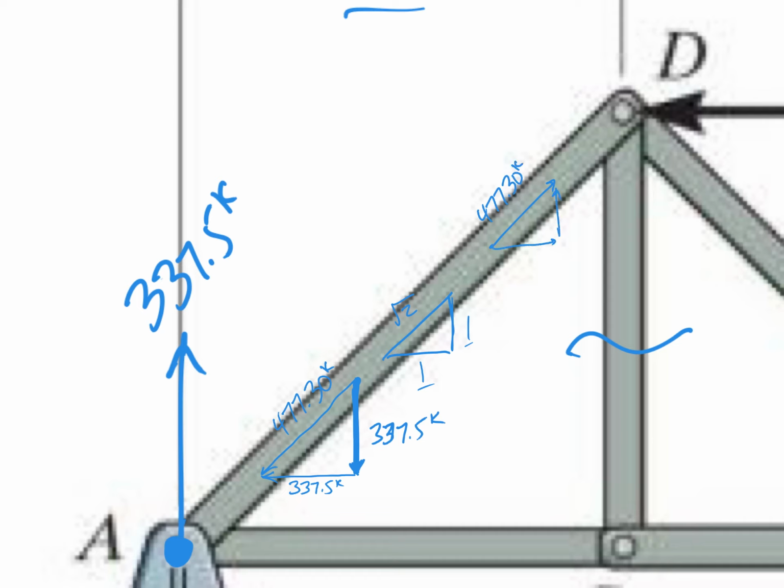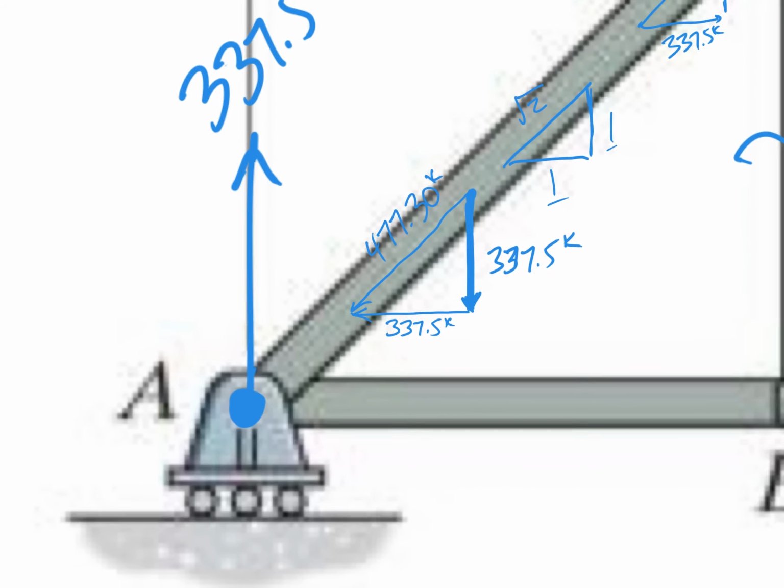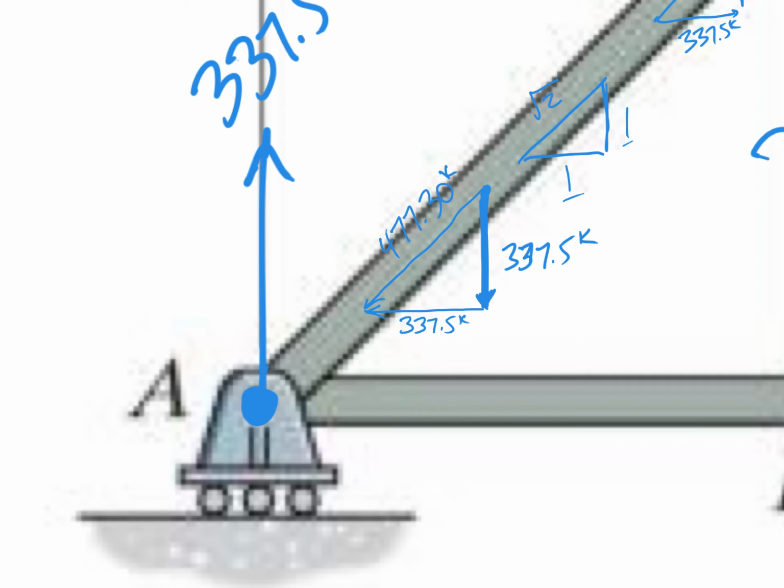It's the same triangles down there, so I'll draw it like this: 337.5 kips in the x and 337.5 kips in the y. Now I've balanced my sum of the forces in the y, because I've got 337.5 going up there and 337.5 going down there.